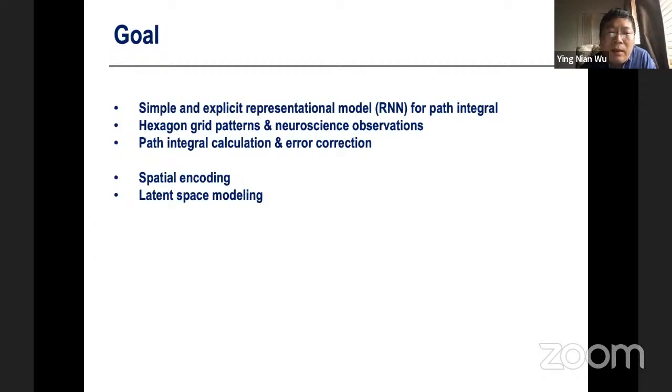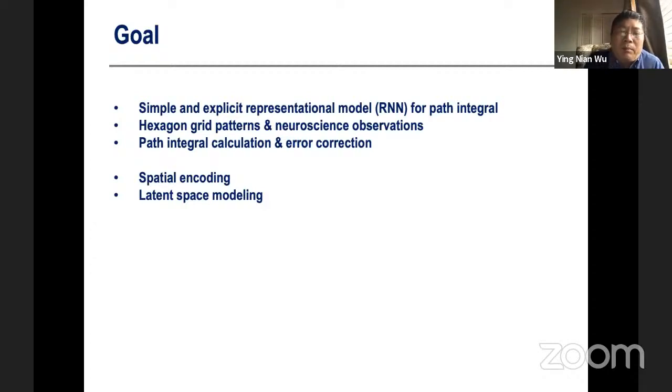Hopefully this model can explain, or at least learn, the hexagonal grid patterns, and also maybe reproduce some neuroscience observations. In particular, the model should be able to perform path integral calculation, and if possible, also be robust to noise in the neurons, which are very noisy, as we know.